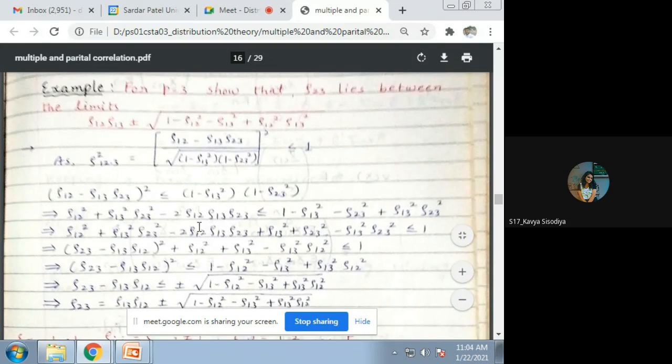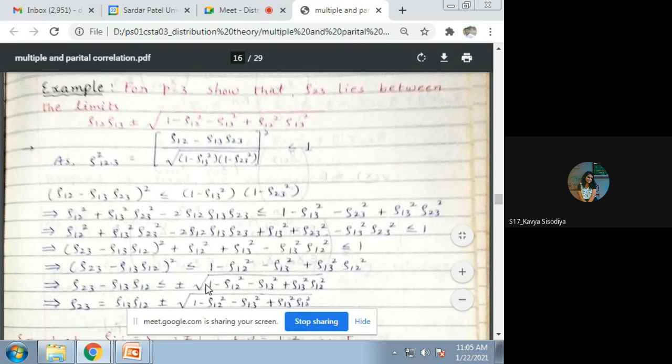So these three terms I have utilized. Now which terms remain? Rho 1 2 square and rho 1 3 square, and minus, so this quantity I have written here is less than or equal to 1. Now I take this quantity to the right hand side, so it is 1 minus, this plus becomes minus, and this minus becomes plus. Okay, so (rho 2 3 minus rho 1 3 rho 1 2) square.